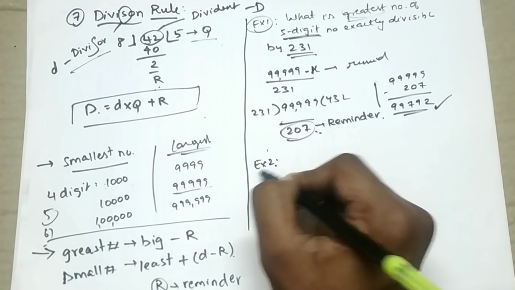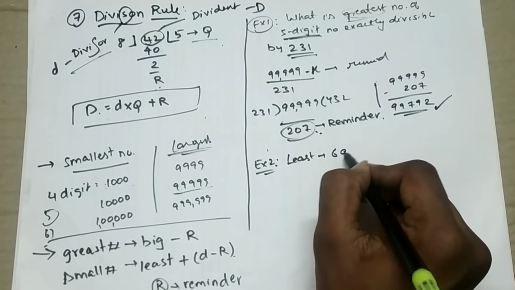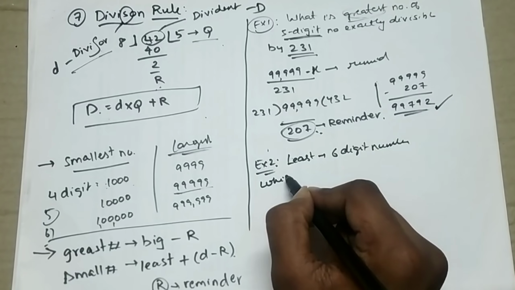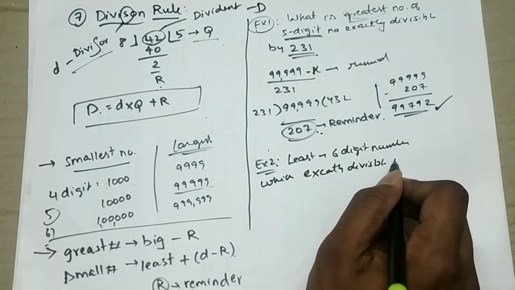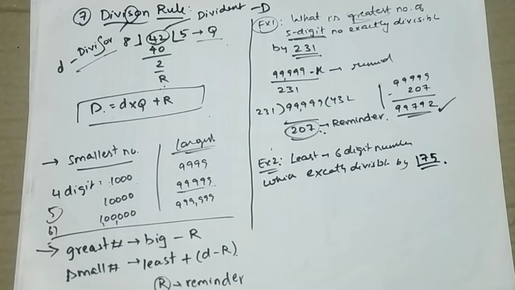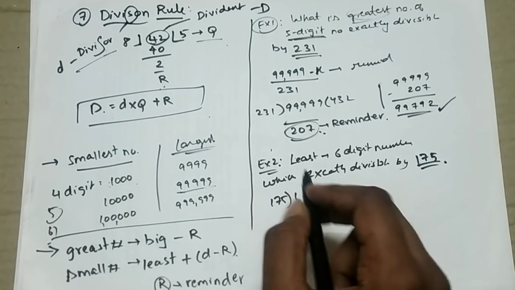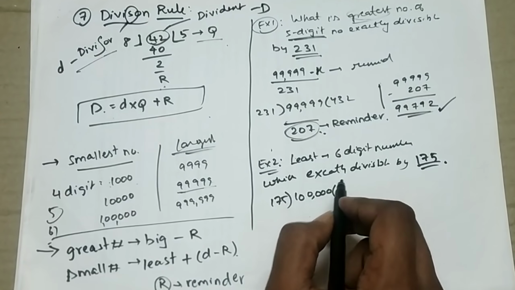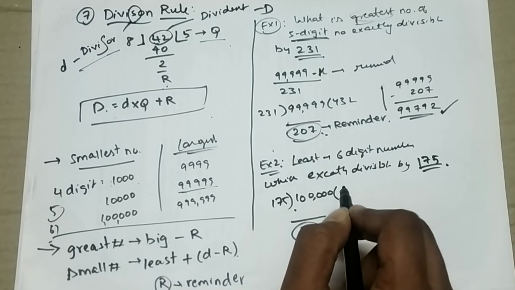Seeing the second example, they asked for the least 6-digit number which is exactly divisible by 175. So we'll take 175 and we'll divide the least 6-digit number, which will be 1 lakh. When we divide, we will get the quotient 571 and the remainder will be 75.